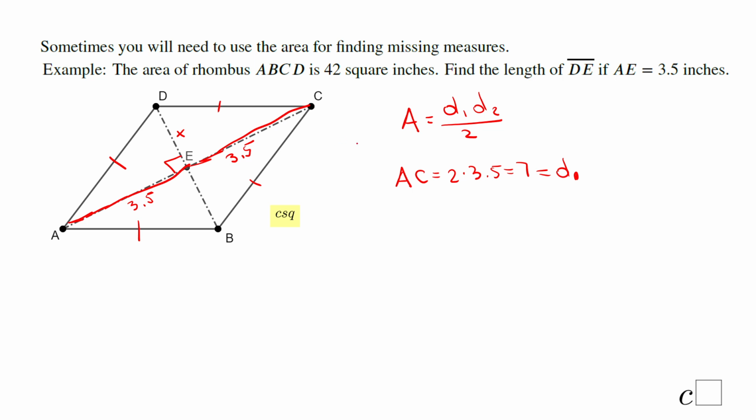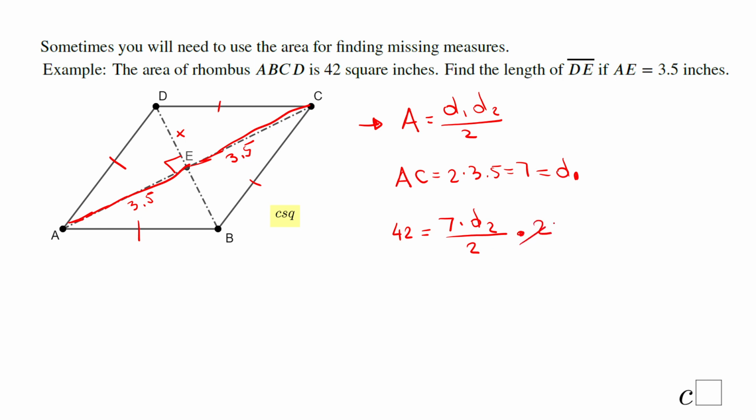So now I can go to this formula we have here. We know the area is 42 square inches. The first diagonal is, we found it, 7. The second diagonal we need to find out, and divide by 2. So how would you solve here for D2?